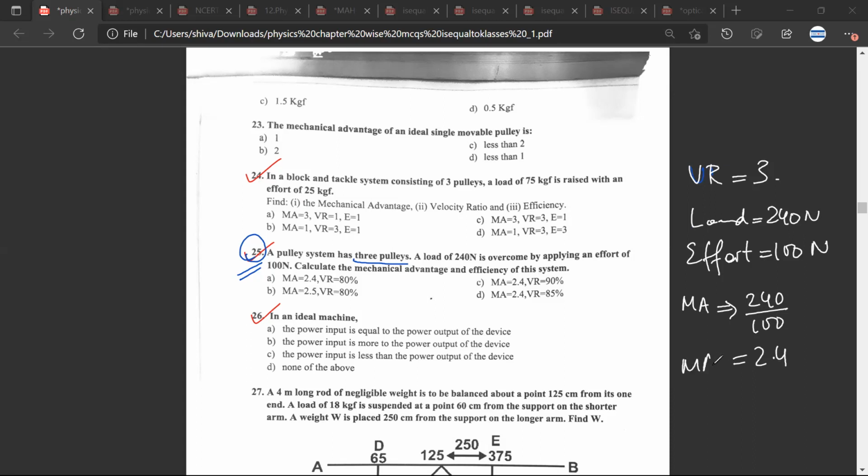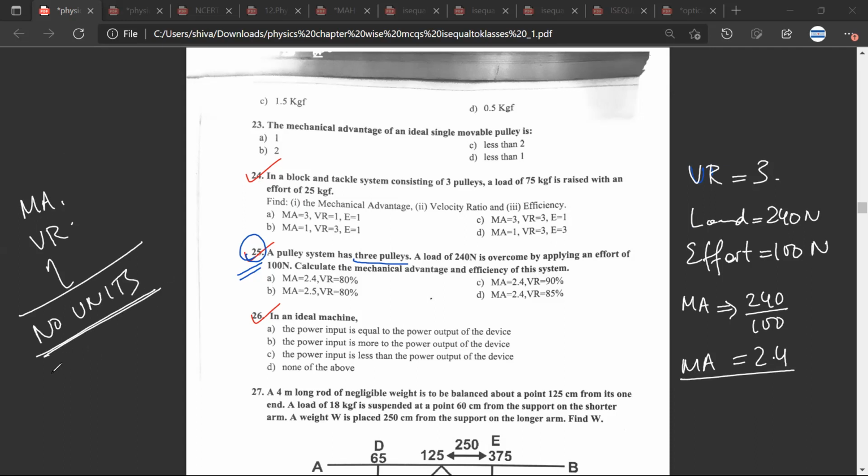See, Mr. CB, another interesting MCQ that can be developed is that please try to understand that mechanical advantage, velocity ratio, as well as efficiency, they have no units. No units. Mr. CB, any doubt? No doubt. They are just ratios.